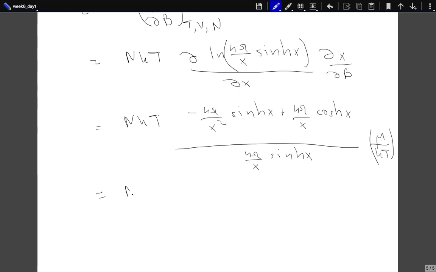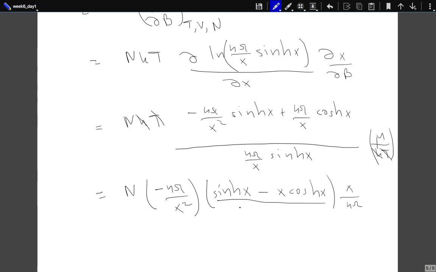Again, let's just do the same things. This is NK, the temperatures, kT will cancel in fact. Times, let me take out that minus 4 pi over x squared, sine hyperbolic x plus minus x times cosine hyperbolic x, times x over 4 pi, and this thing divided by sine hyperbolic x.